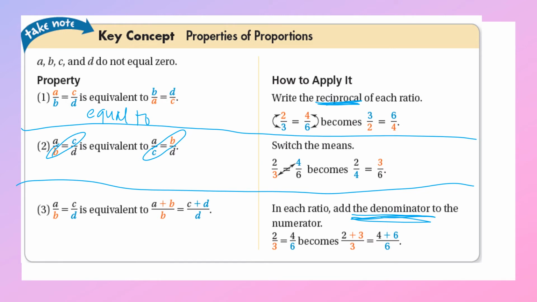So no matter what, your denominator is sticking with the numerator that it was given. So 2 over 3 equals 4 over 6 becomes, we're just adding the denominator for both fractions. And obviously, you'd probably want to simplify that and say 5 over 3 is equal to 10 over 6.